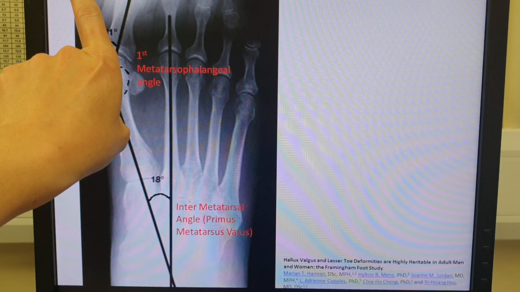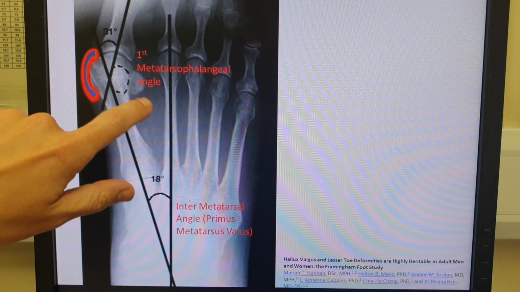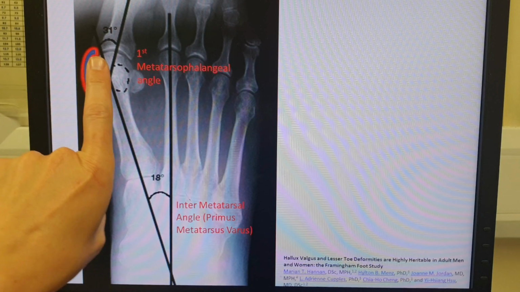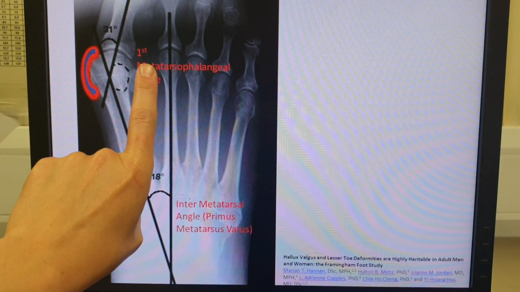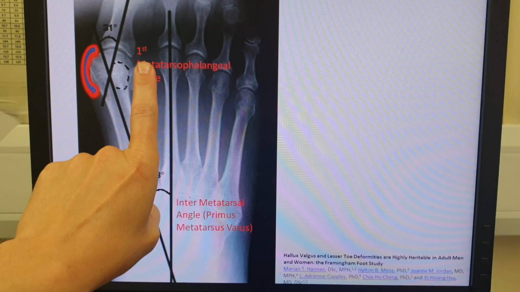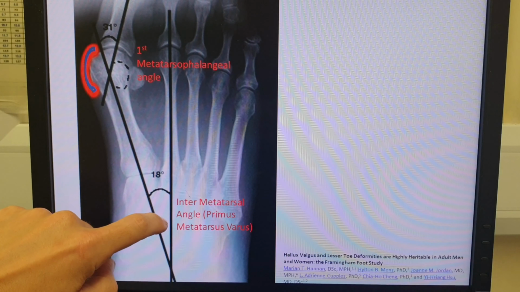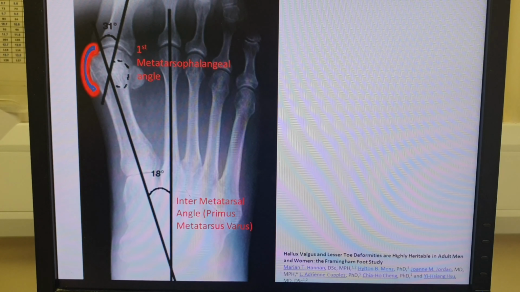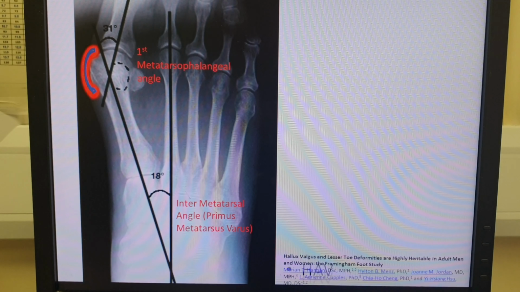Otherwise, it's going to be sticking way out to the side. And having that high angle there is going to predispose to the pressure there. If this bone here is straight, then even if the big toe is bent over, you're much less likely to have that. So this is probably the more important angle, but this is the one that we tend to measure and classify HAV with.